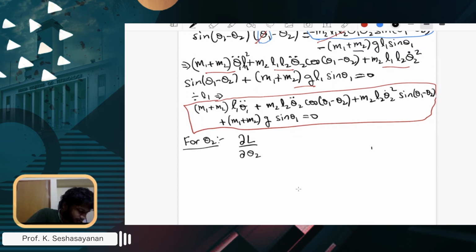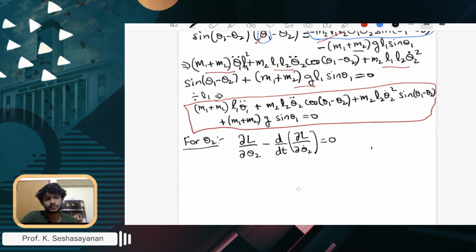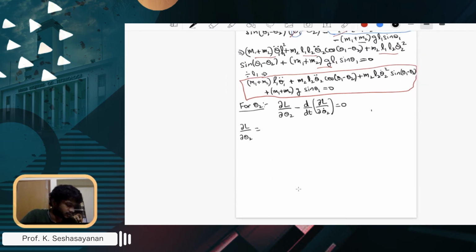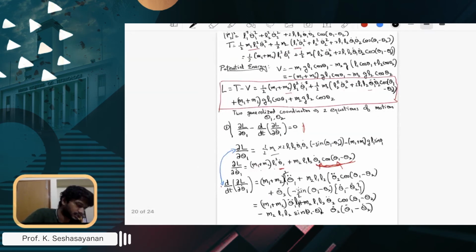So it's partial L over partial theta 2 minus d by dt of partial L over partial theta 2 dot equal to 0. The same procedure, and what one has to do is to first find partial L over partial theta 2. So I'll just copy the Lagrangian.